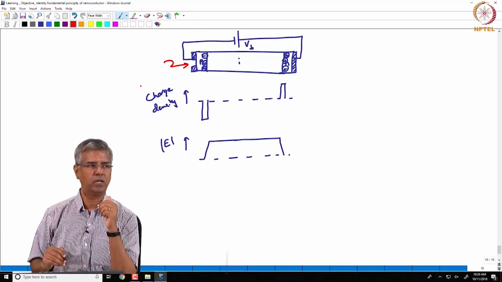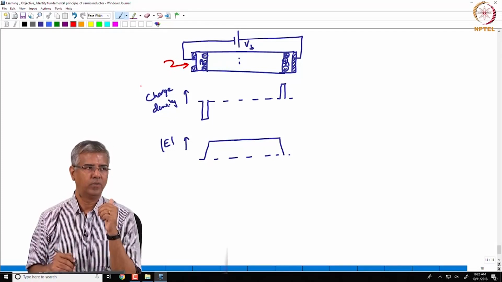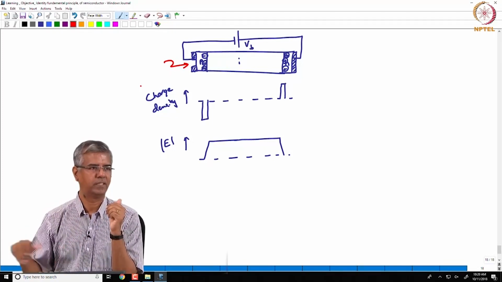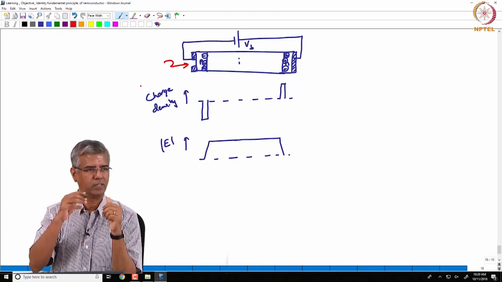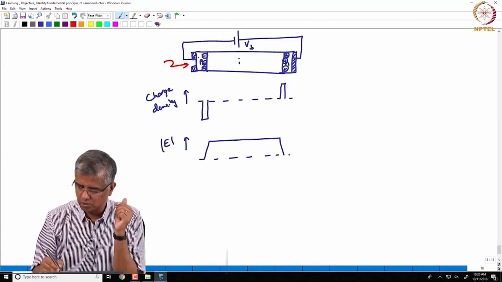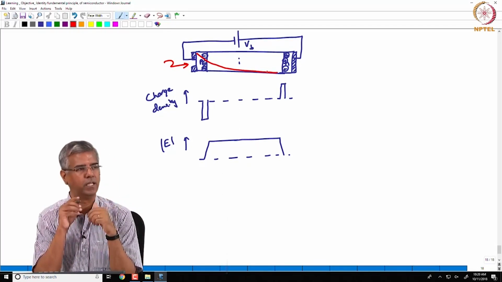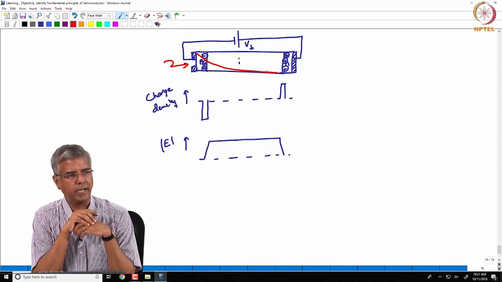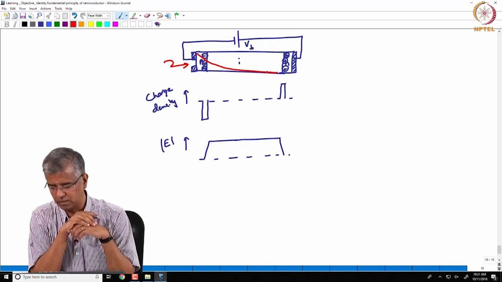And how is that absorption going to happen? What is the profile of that absorption, or the power as it goes through? That is going to go down exponentially. So, you are going to have an exponential profile for the light that's propagating through that structure.